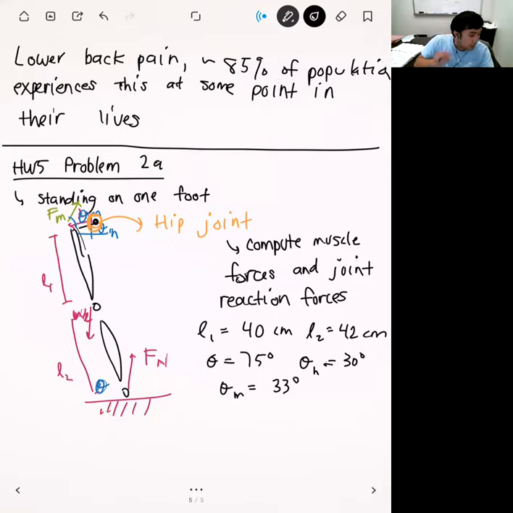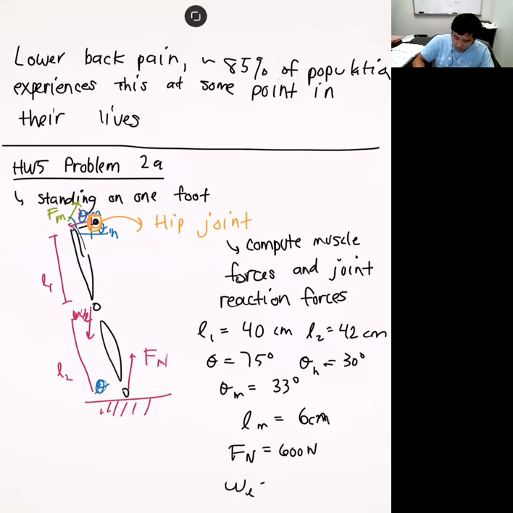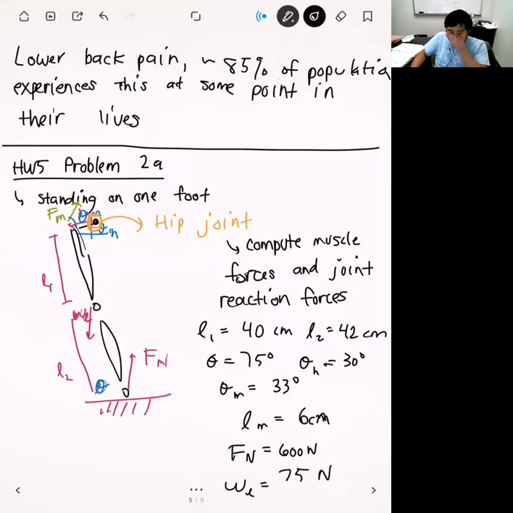We'll say the attachment angle for the muscle force is 33 degrees, and LM here is 6 centimeters. Oh, we have FN as well. FN is 600 newtons. And the weight of the leg, as shown, is 75 newtons. And so that's all the parameters in the problem.